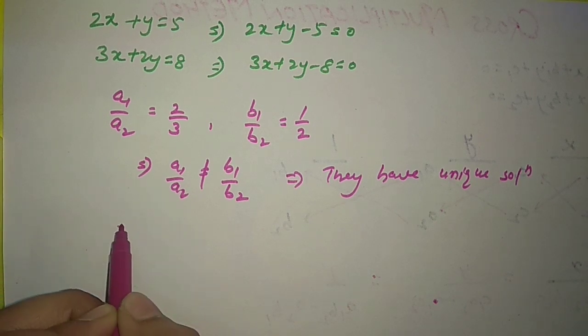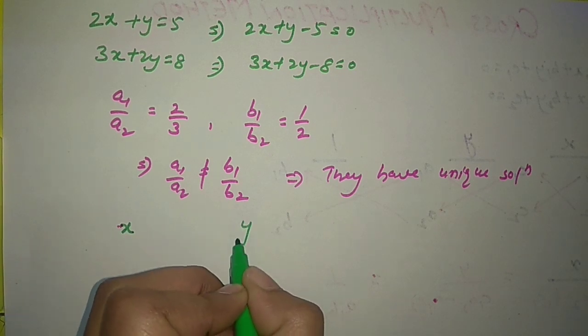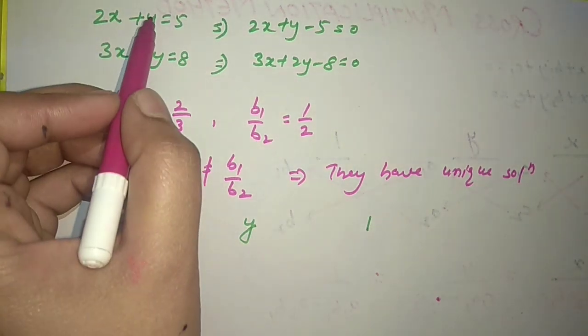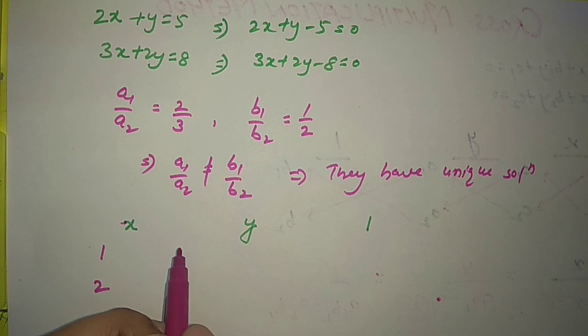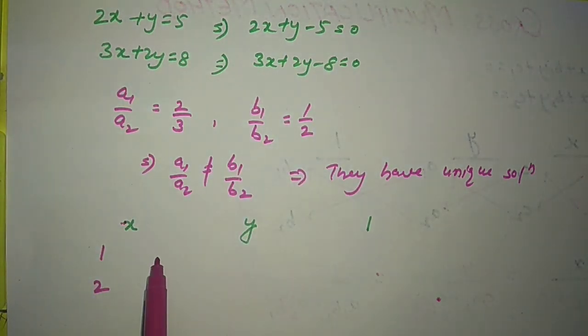First write x, y and 1. Now we have to write the terms b1, b2. So b1 is 1 and b2 is 2. Then write c1, c2. c1 is minus 5 and c2 is minus 8.